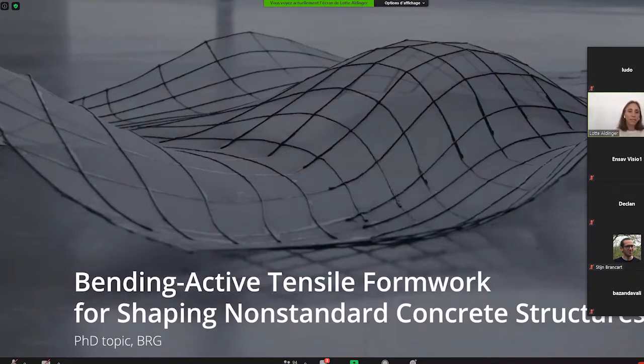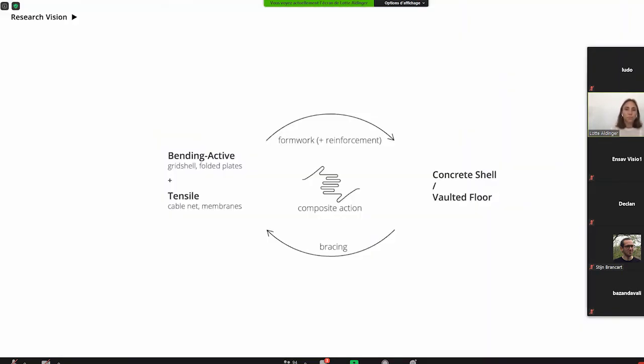And this brings me basically to my PhD topic, which looks into the bending active tensile structure as formwork for shaping non-standard concrete structures, where the key motivation is basically to have a lightweight, limited waste formwork, which allows for informed structural shapes to ultimately reduce the embodied carbon and so on.